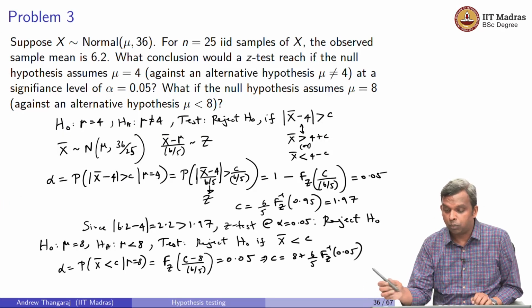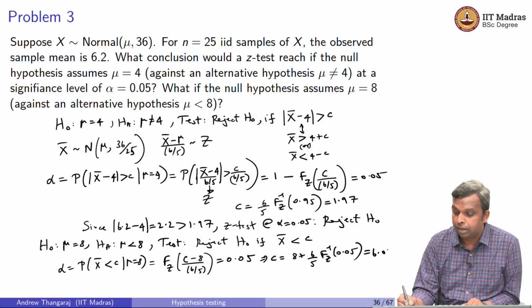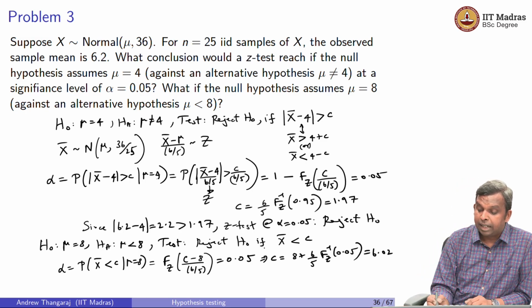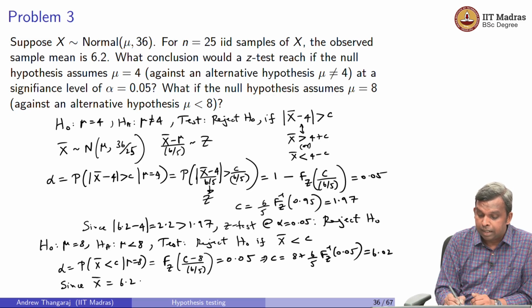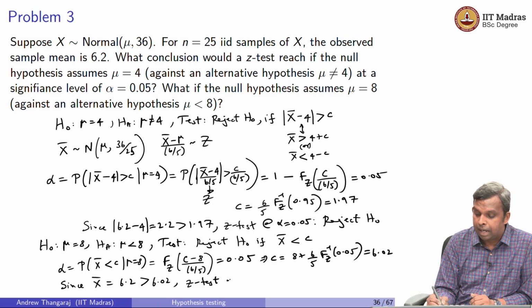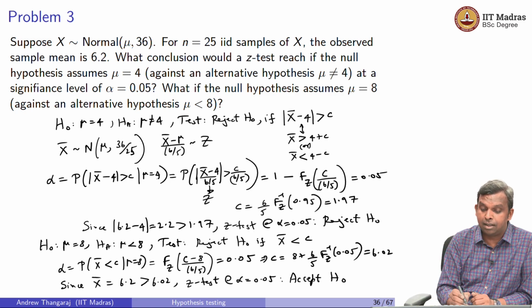So you are rejecting if x bar is less than C. In this case, since x bar equals 6.2 is actually greater than 6.02, your z-test at alpha equals 0.05 will end up accepting H0. It is greater, it needs to be lesser for you to reject.